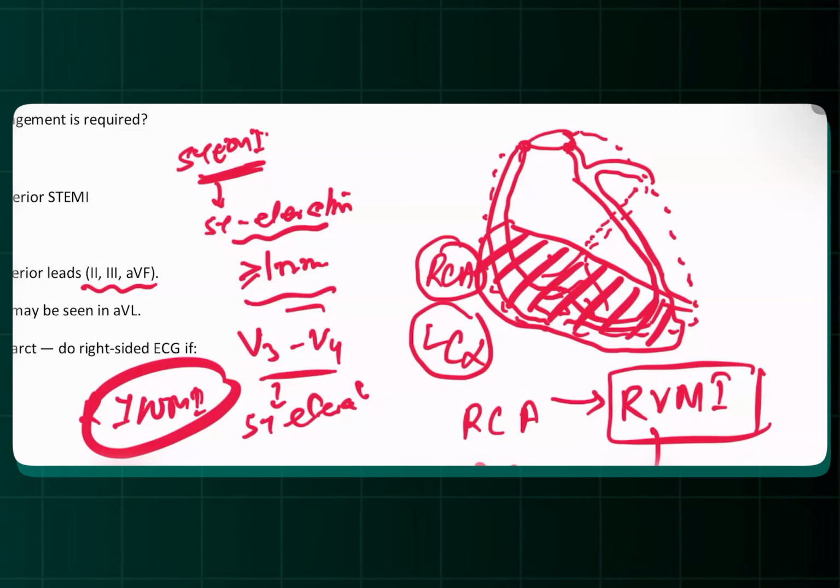So what is the technique that is used to pull the patient of RVMI out of cardiogenic shock? Anyone? Yeah, go on, with volume therapy. Okay, we have done all of that. The volume therapy we have done. The patient is still continuing in cardiogenic shock, and the diagnosis is RVMI. The LV is working absolutely fine.